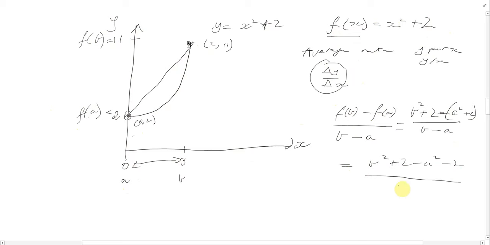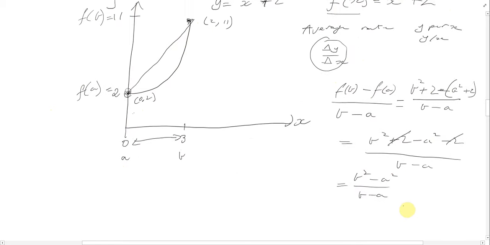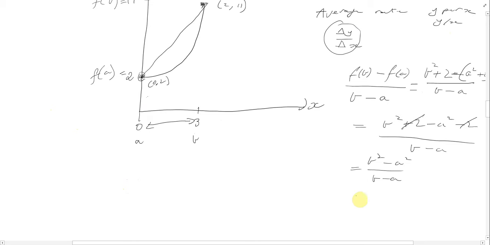Over B minus A. Now in this example you can see that the 2 and the minus 2 are going to cancel out, just giving us B squared minus A squared over B minus A. And in this case our B is 3, A is 0, so we've got 3 squared minus 0 squared over 3 minus 0, which will give us 9 over 3, which equals 3.